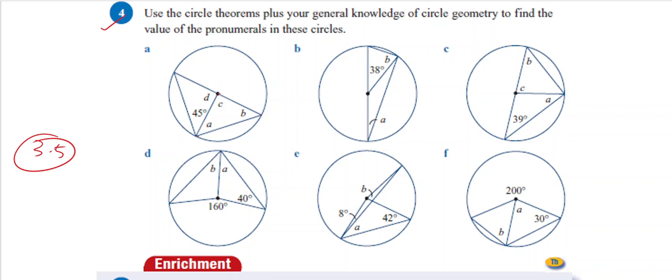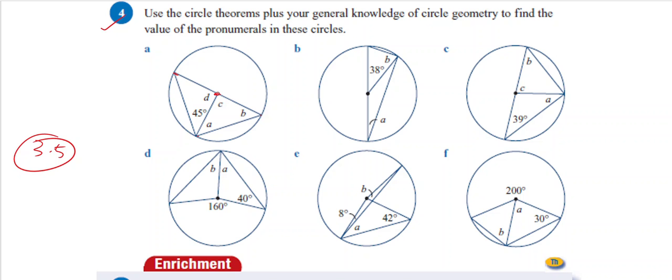So first things first, we know that this is a circle with the center at O, and the interesting thing about circles is that if you have a line going from the center to anywhere on the outside, that's one radius.